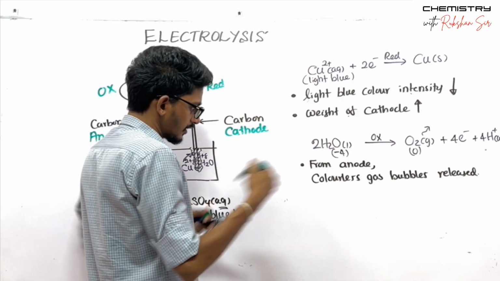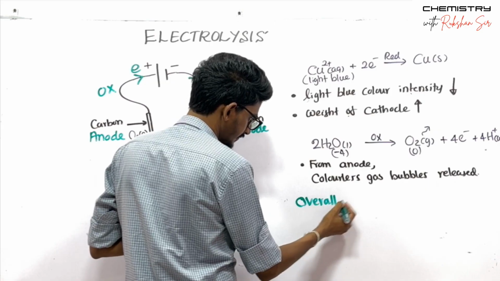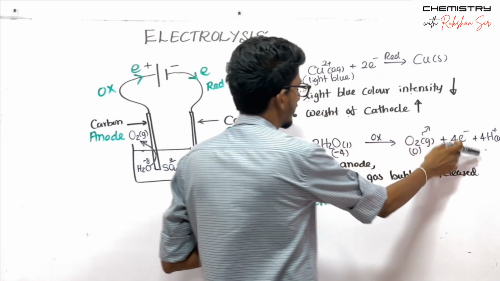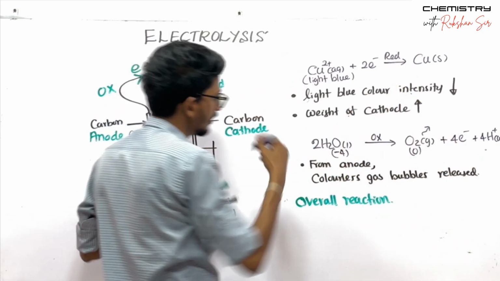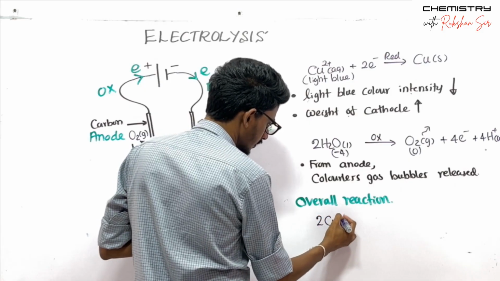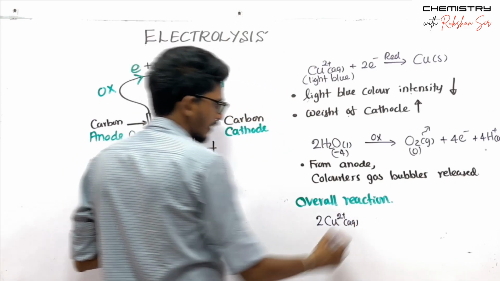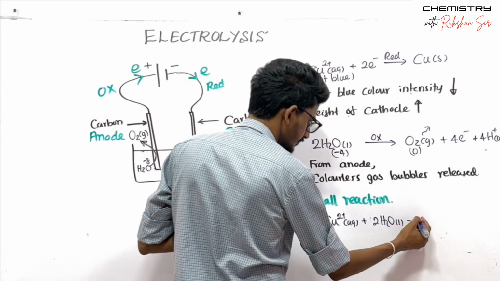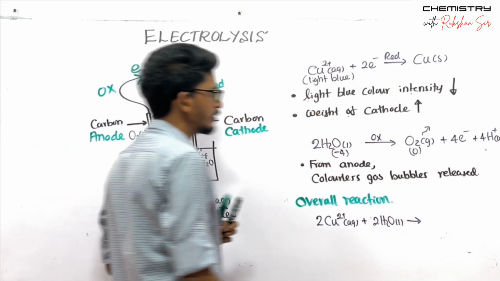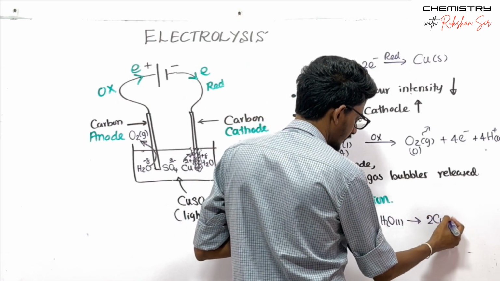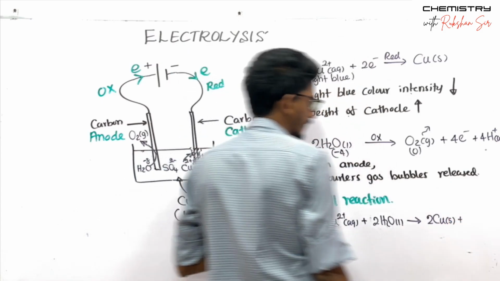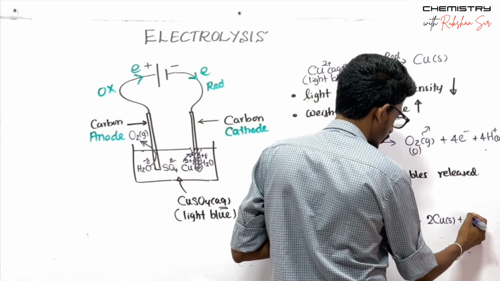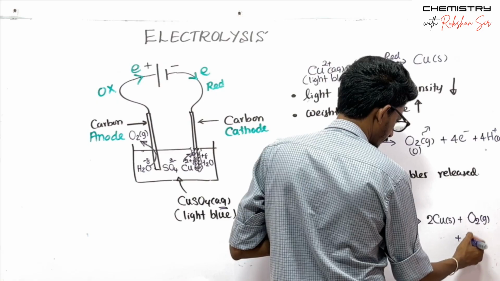The overall reaction of this electrolytic process is going to be, if you multiply this by 2, the overall reaction is 2 Cu2+ plus 2 H2O, giving you 2 Cu plus O2 plus 4 H+.